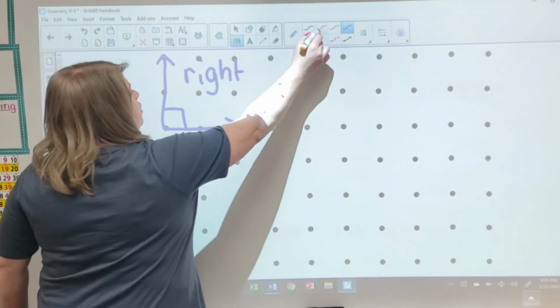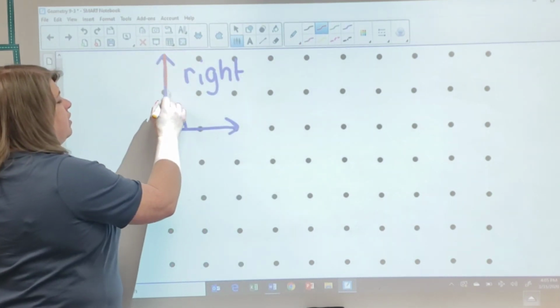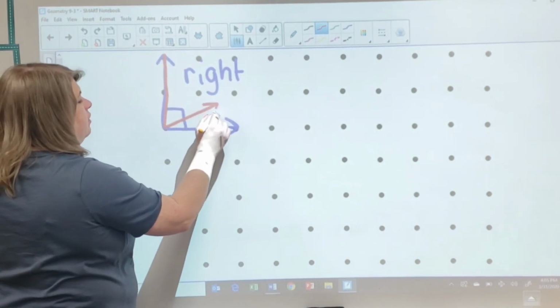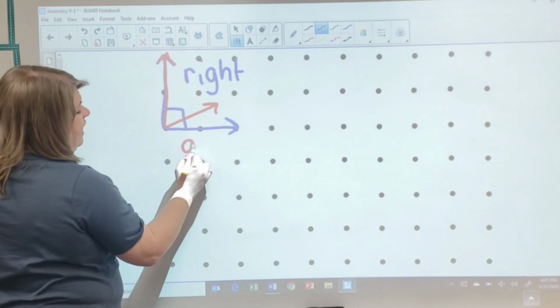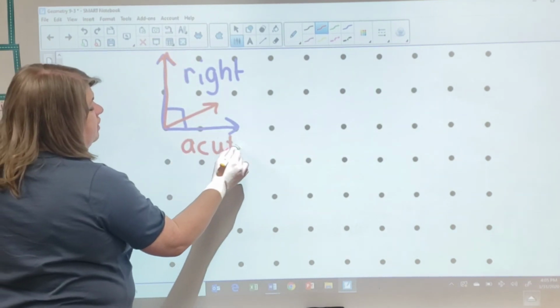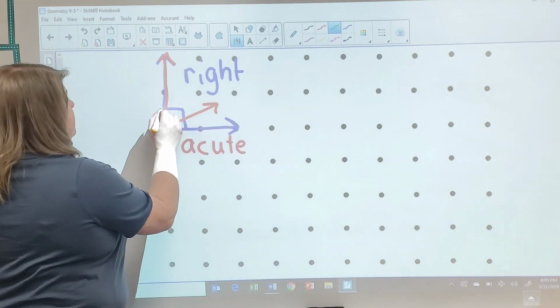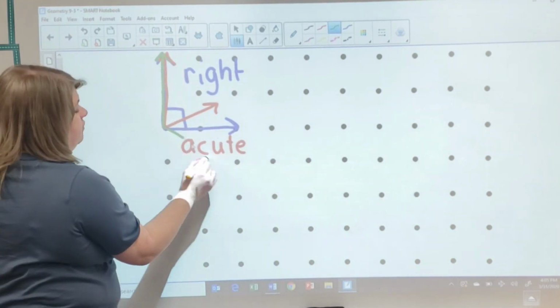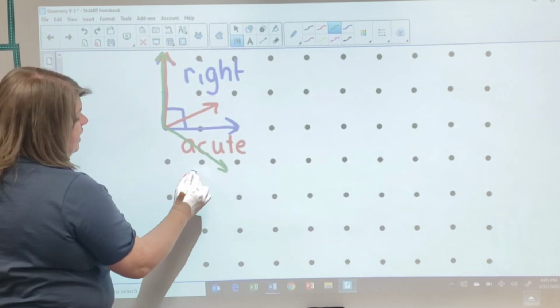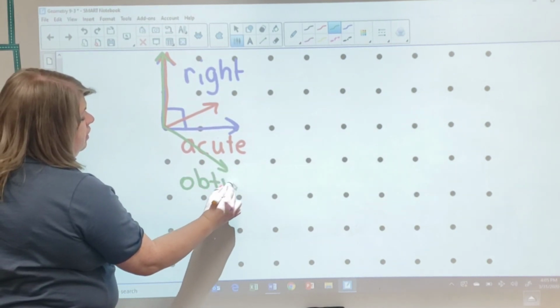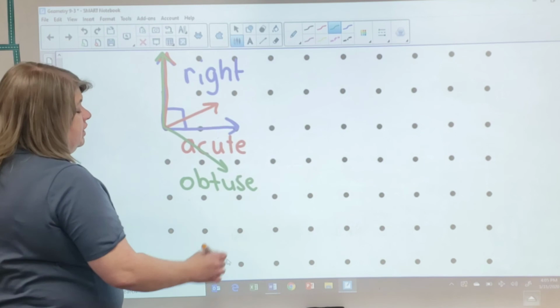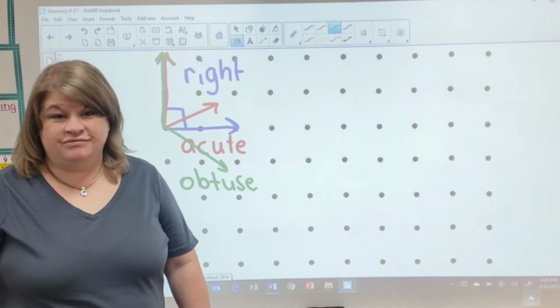If it is shorter or smaller than that, we call that an acute angle. It doesn't quite meet up to those standards, does it? But if it is wider than that, we say it is obtuse. It is an obtuse angle.